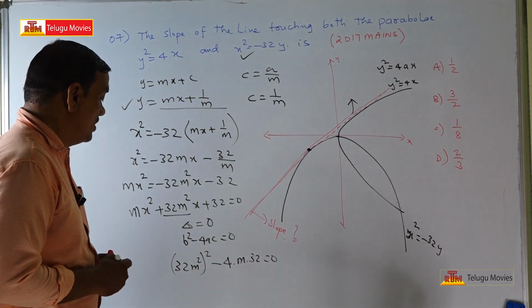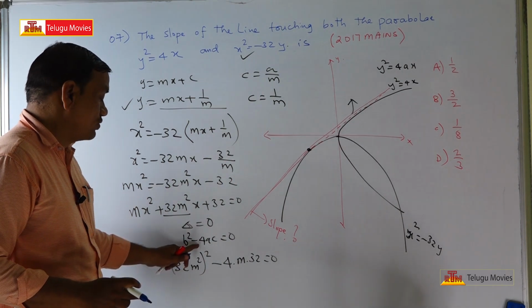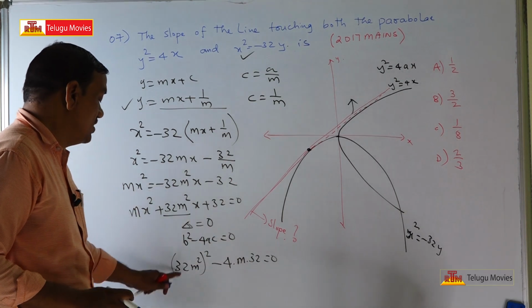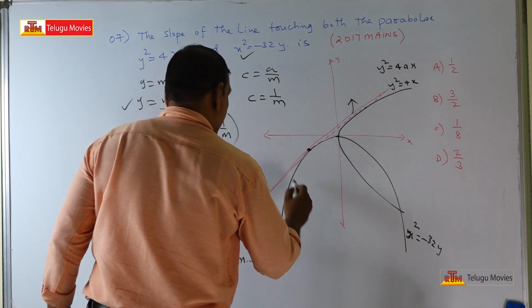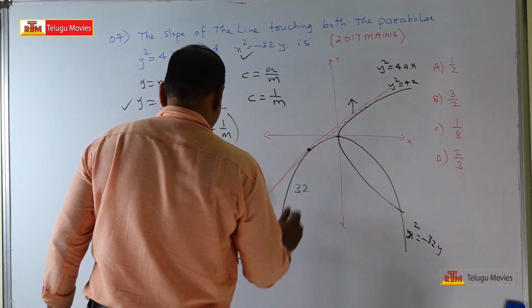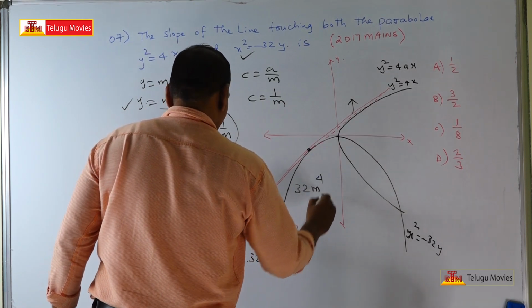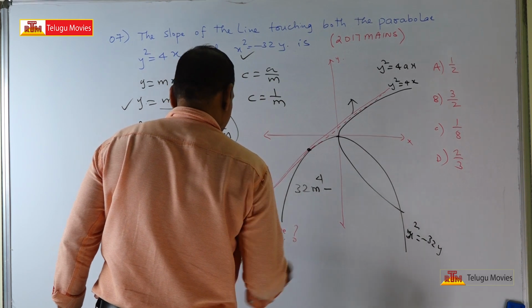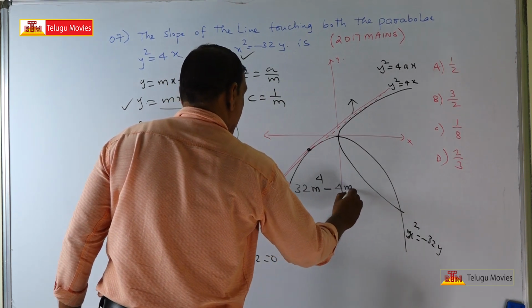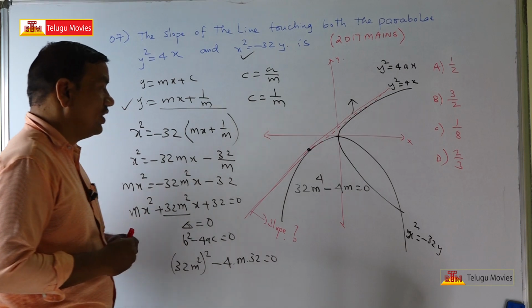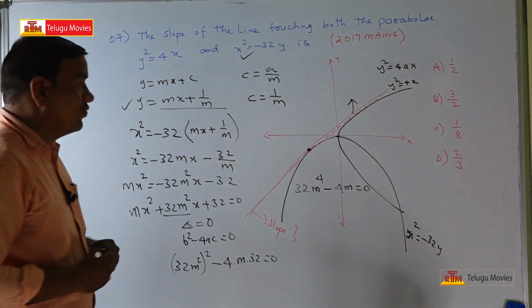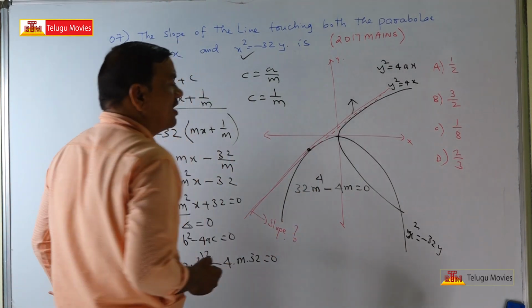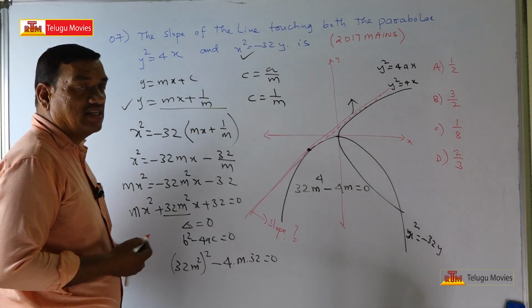If you observe, 32 cancels with 32, so we get 32m⁴ - 4m = 0. You can cancel with the 4 also, and since m cannot be equal to 0, you can cancel m too.